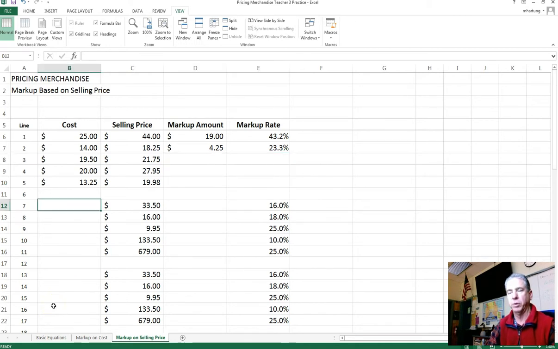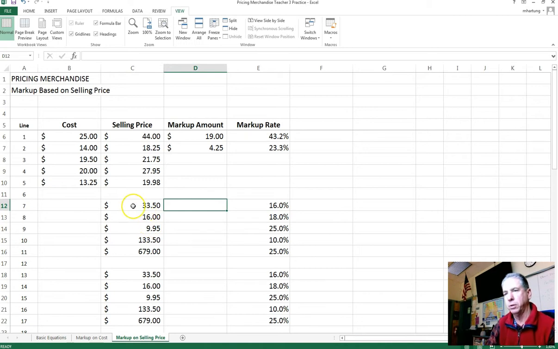Here in the next sequence, we're going to need to calculate our cost based on a selling price that is provided and a markup rate. So we're going to kind of work backwards here. The first step that we need to do is calculate the complement of the markup rate.